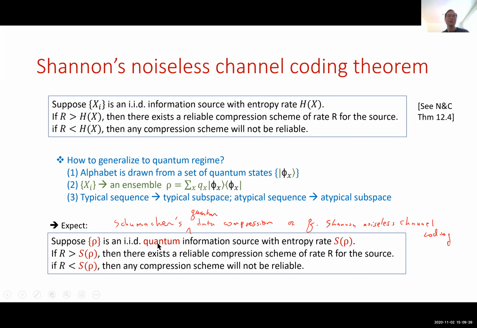It's an IID quantum information source with entropy rate, but this entropy is replaced: Shannon entropy is generalized to von Neumann entropy.